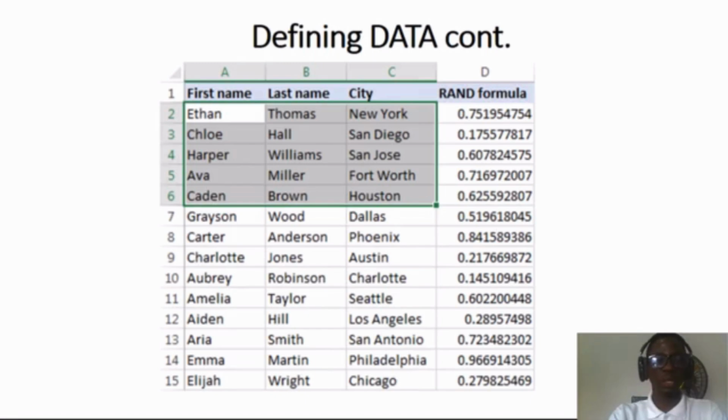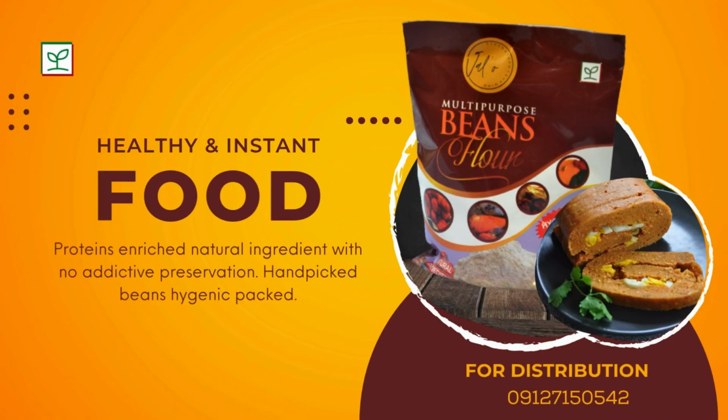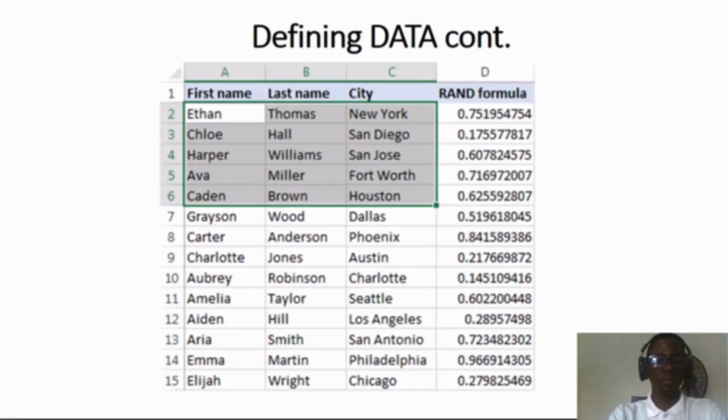All these are collected by probably the website you visit, or maybe your school collects it to be stored in the database. So all these are called data, because it doesn't have meaning yet. We don't know the use of these names, we don't know why these names are here, what they do, why they are on this sheet.